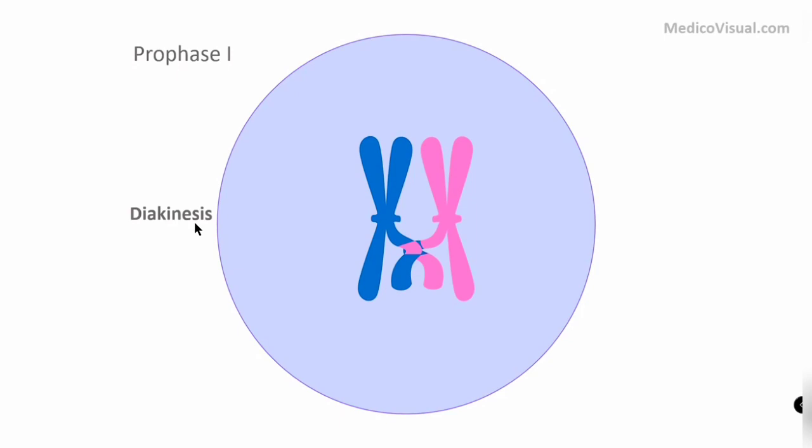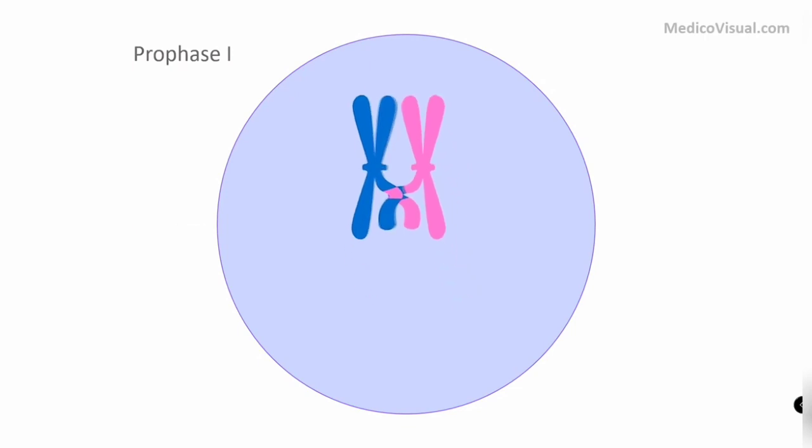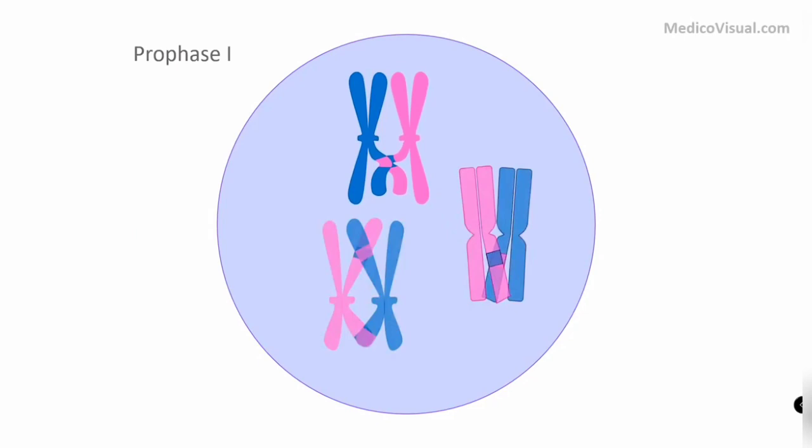Finally, in diakinesis, the nuclear membrane is also lost, so that in subsequent phases, that is metaphase and anaphase, they can be easily separated from each other. Here we don't have just a single couple, but actually 23 couples. Out of that I have only shown 3 couples, right? And again they have done something and they are attached with each other at chiasma, right?